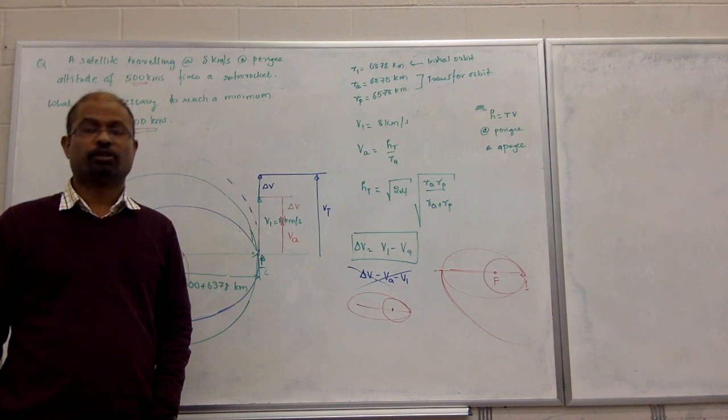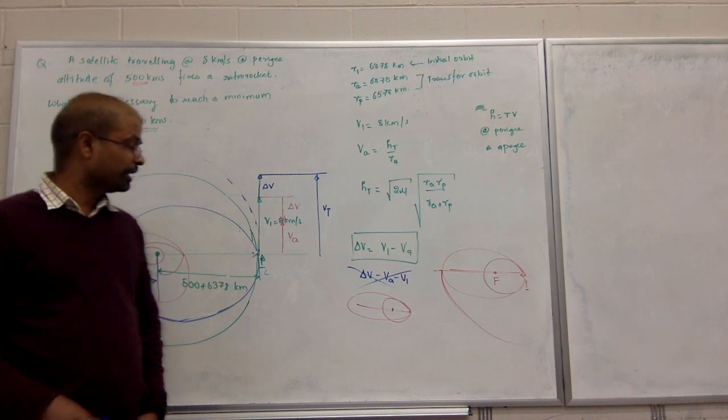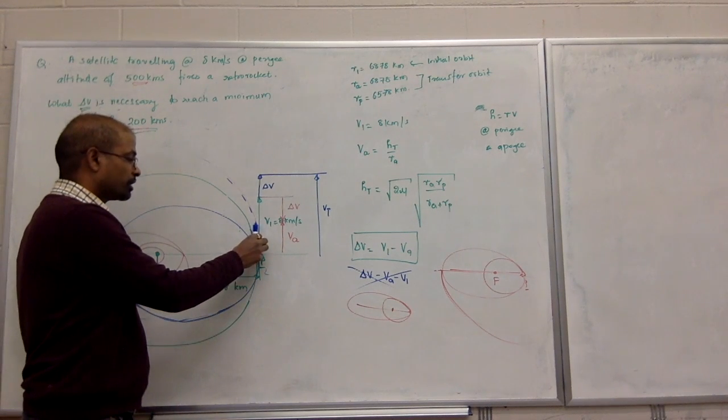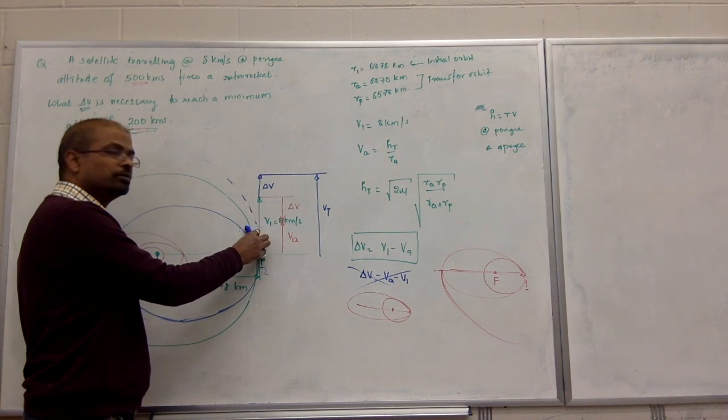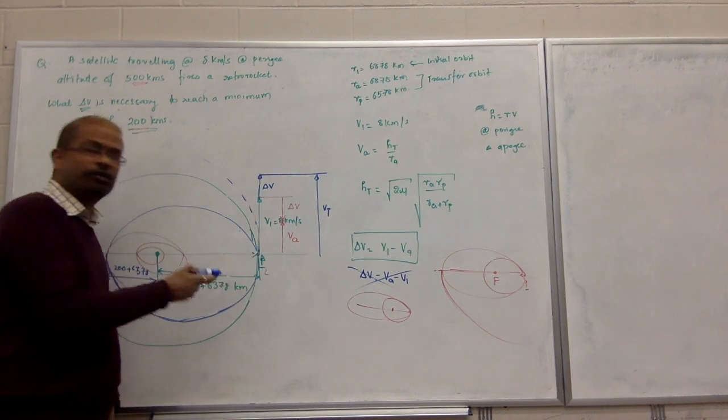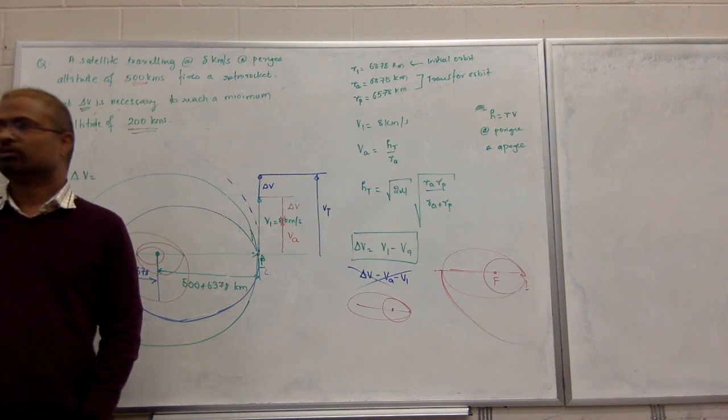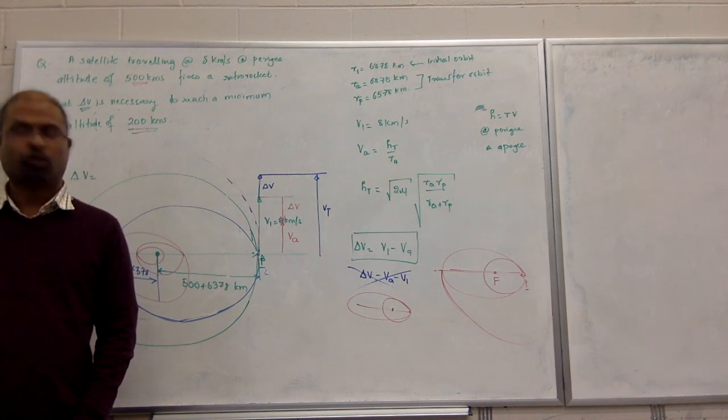The change in velocity, change in speed. Got it? It's also very critical that the thrusters are perfectly aligned like this. If they are off by a little bit, you're going to get a different orbit. That's a whole other problem.